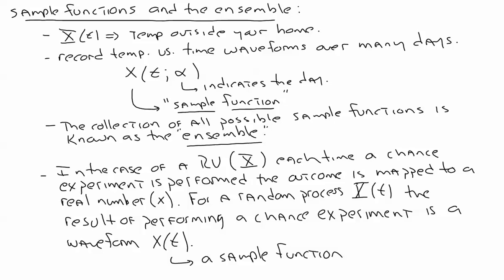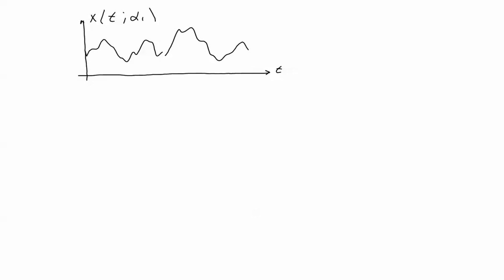So let's make a couple of simple sketches here. Imagine that we go out and look at temperature versus time over many, many days. So this will be my time axis, and say the temperature looks something like that.